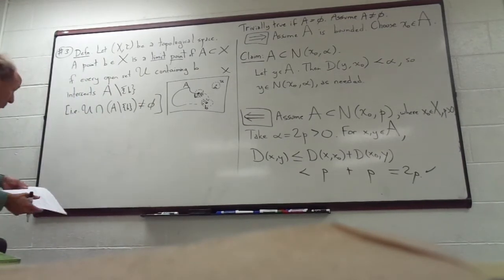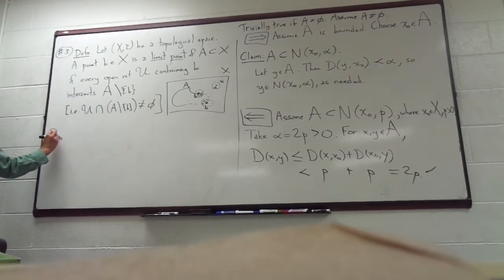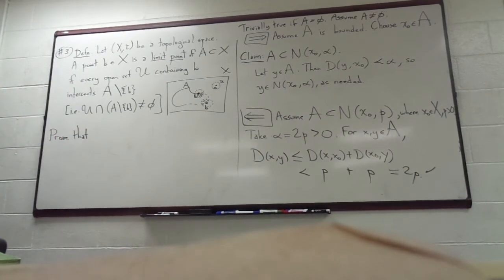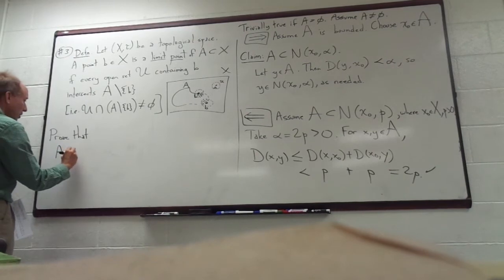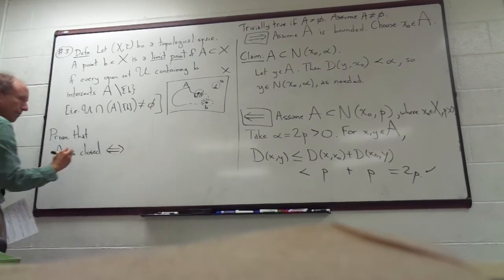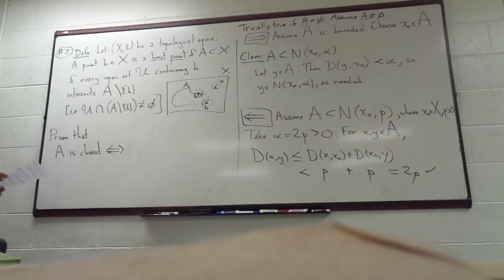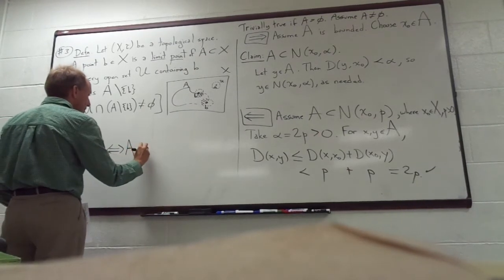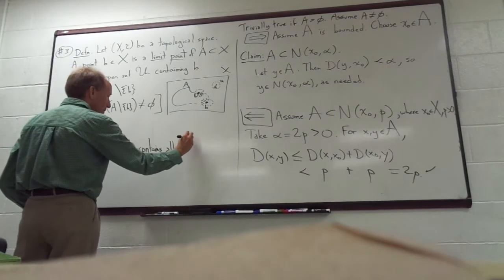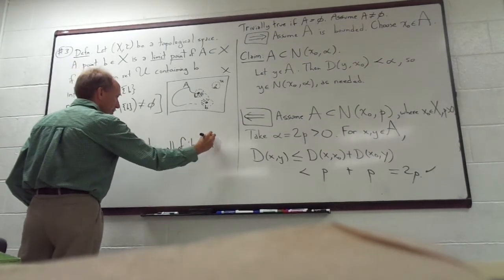Okay, so here's what I would like us to prove now. Prove that A is closed if and only if A contains all of its limit points.